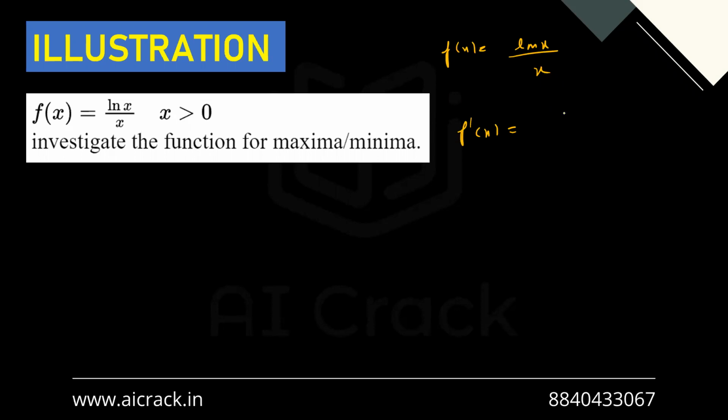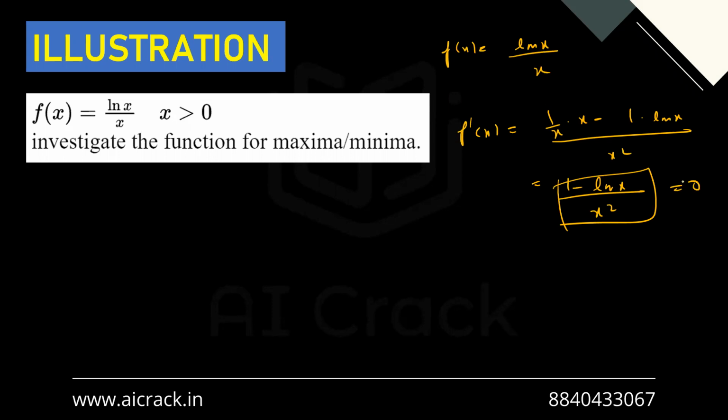So f dash times g gives me 1 by x times x, minus g dash times f, which gives me 1 times ln x, divided by x square. So that comes out to be 1 minus ln x divided by x square. We have to equate this to 0. For that we'll be getting x equals e as the point where either minima or maxima is happening.